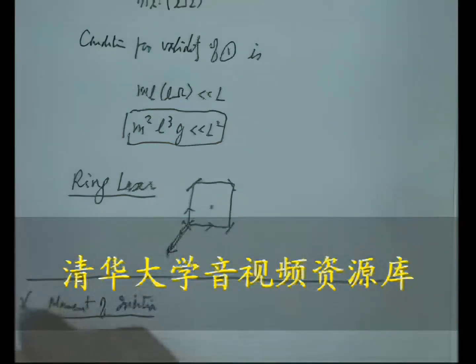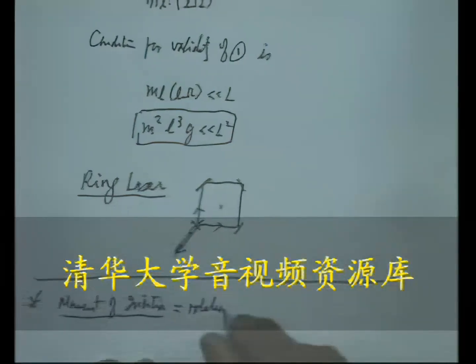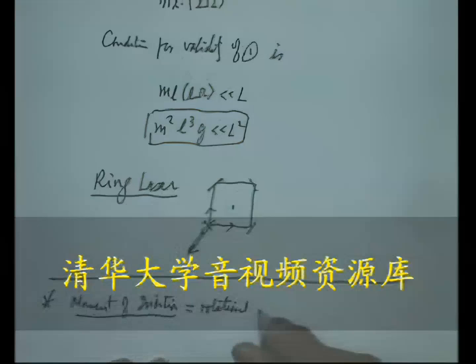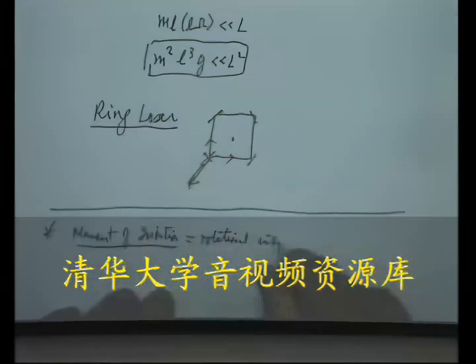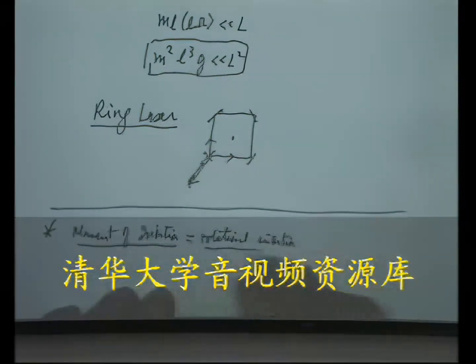Now we go into a new topic called the moment of inertia. The book calls it rotational inertia. But the discussion of the book is very sketchy. It's also very sketchy in Feynman's book because it has more algebra than in the usual textbooks.